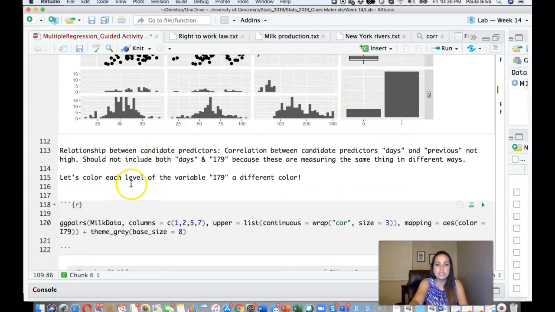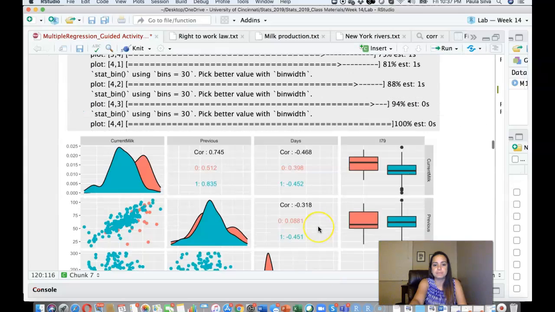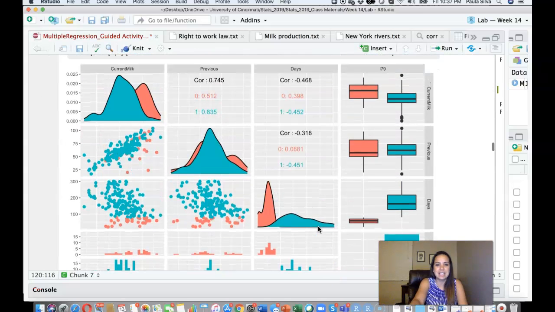So we'll color each level of the variable I-79 a different color. So I'm adding this mapping variable here as an input to the ggpairs. I'm mapping color to the variable I-79. And when I do that, what we have is this nice thing here.